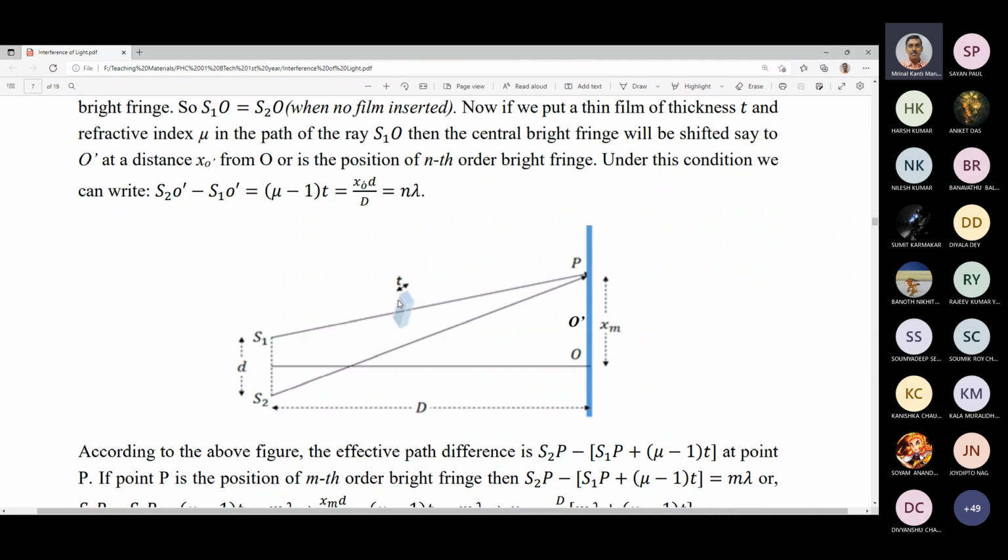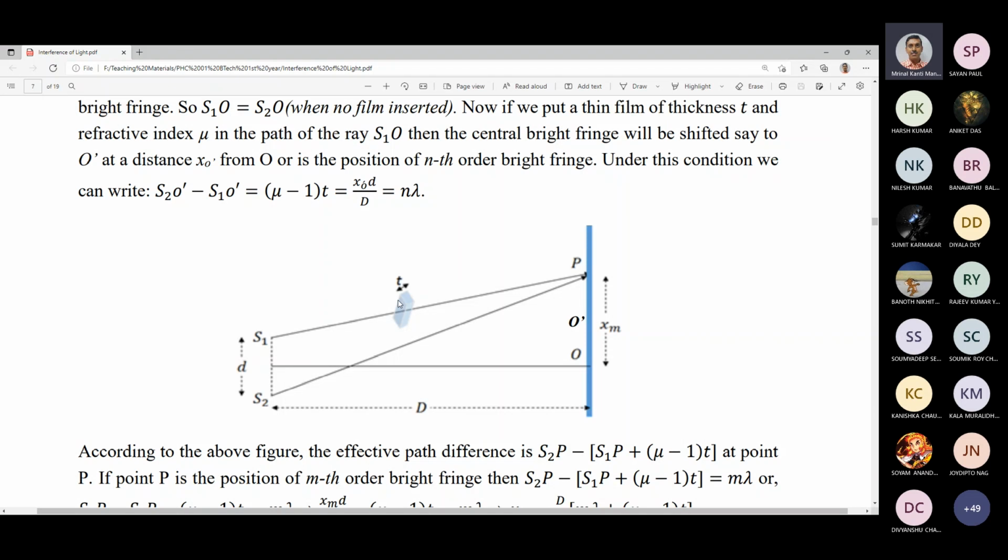But in the presence of this material, the optical path length is mu into t. So the extra path is mu minus 1 into t, that is mu t minus t, that is (mu minus 1) t. So this extra path is S2O prime minus S1O prime, right? That is equal to (mu minus 1) t.